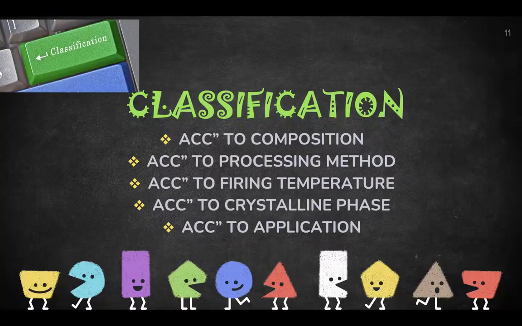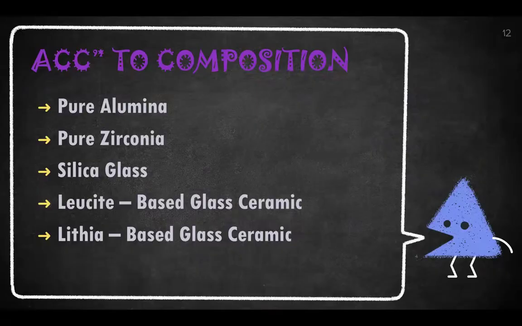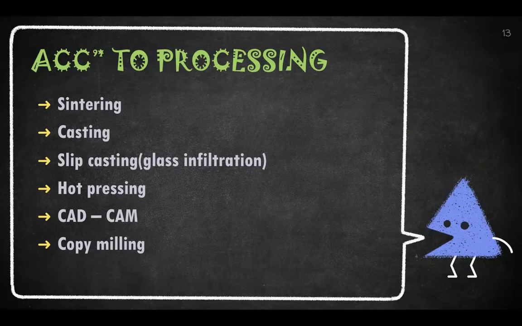Ceramics can be classified according to composition, according to the way they are processed, according to firing temperature, and based on the crystalline phase and applications. According to composition, there is pure alumina, zirconia, silica glass, leucite-based glass ceramic, and lithium-based ceramic. According to processing, there is sintering, casting, slip casting, pressed ceramic, milled CAD/CAM ceramic, and recently even 3D printed ceramics.